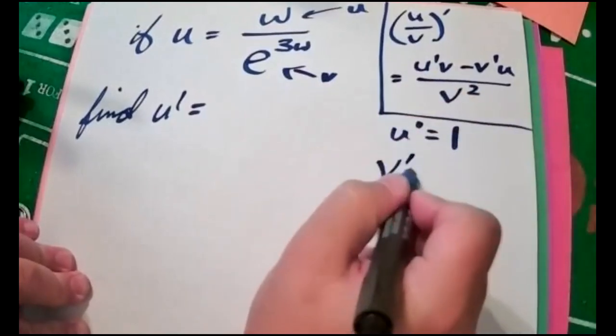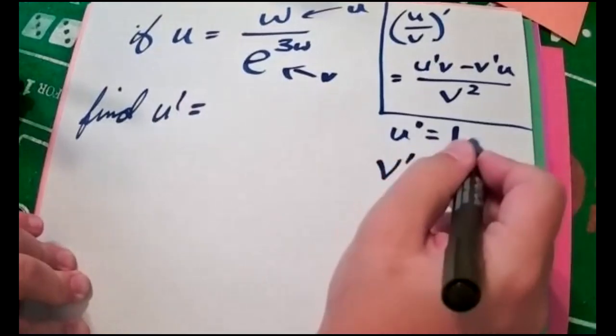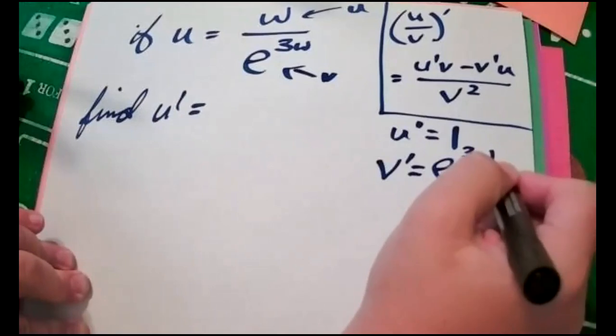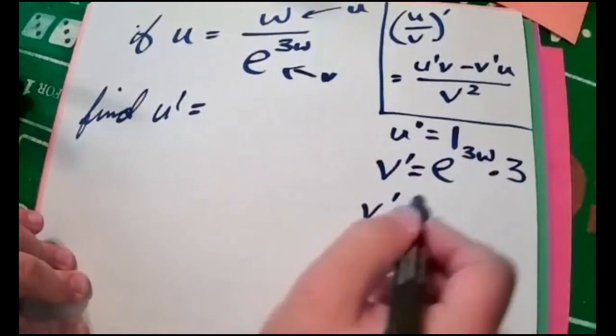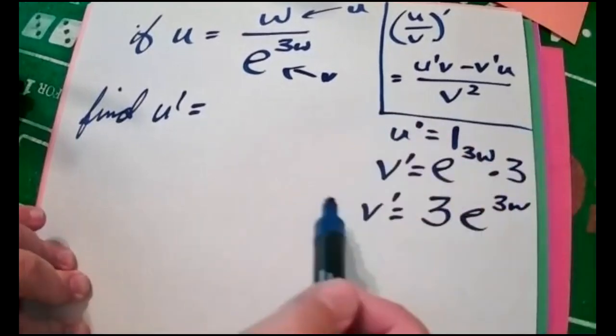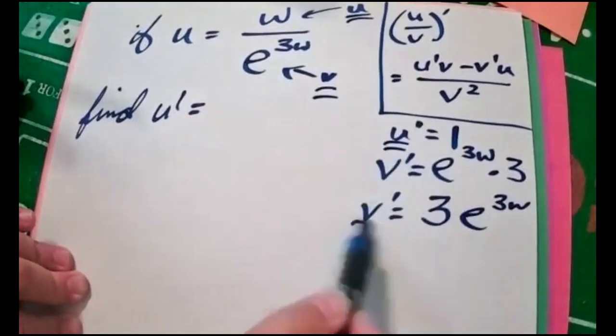To find v prime is the derivative of this expression, which is this expression. But don't forget to multiply by the derivative of what's inside, which is 3. To make v prime a little bit nicer, maybe I'll write it as 3e to the 3w. All right, so I have u, I have v, I have u prime, and I have v prime.